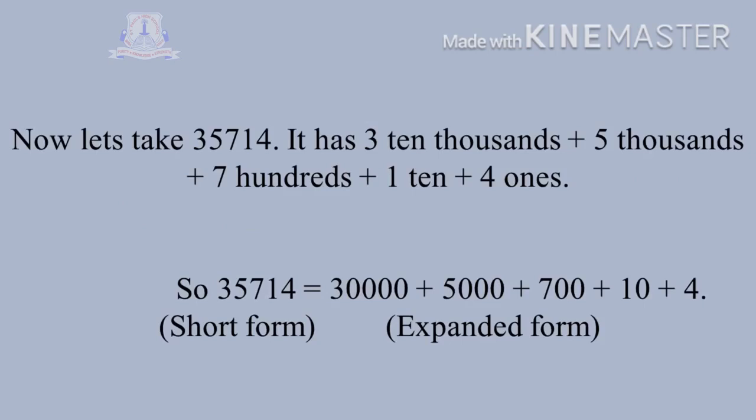It has 3 ten-thousands plus 5 thousands plus 7 hundreds plus 1 ten plus 4 ones. So 35,714 is in short form and the expanded form is 30,000 plus 5,000 plus 700 plus 10 plus 4. Children, remember, you have to put plus sign after every number. Got it? I hope you have understood this.